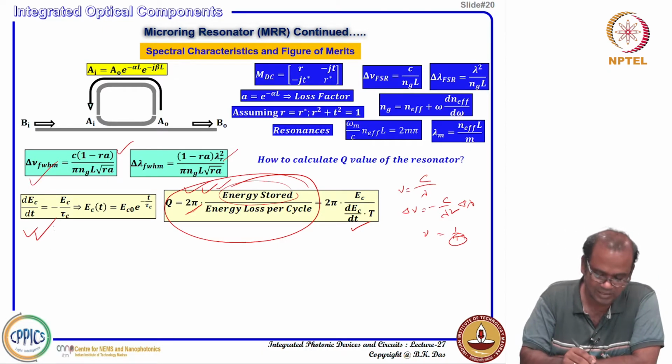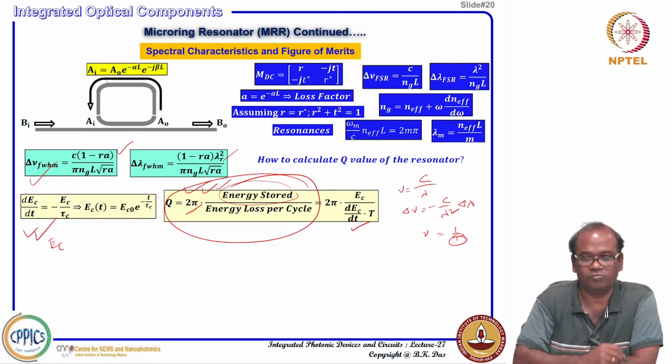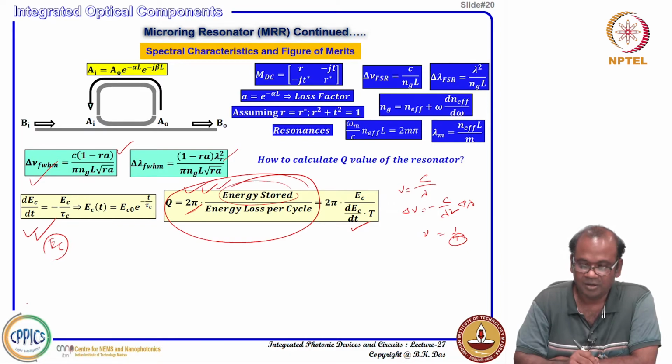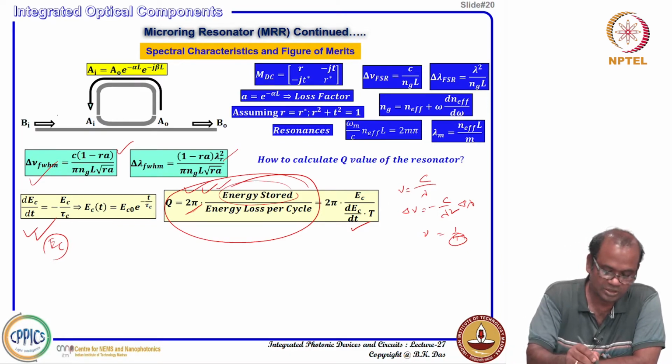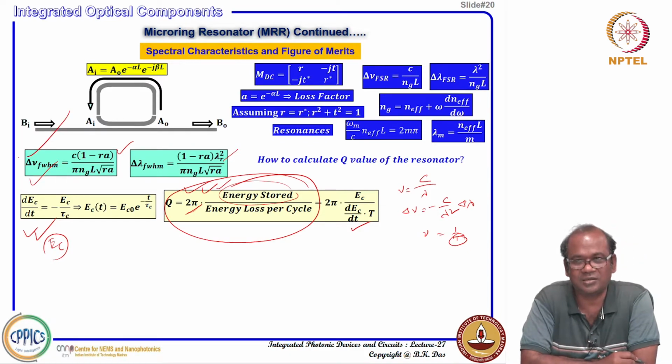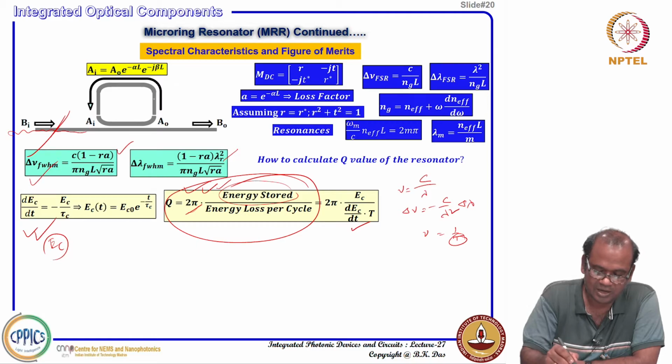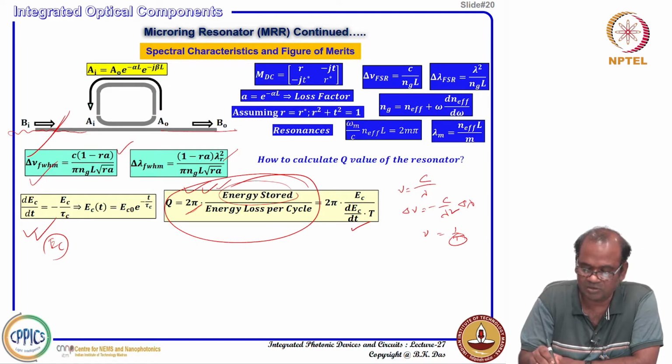Let us consider that inside the cavity, EC amount of energy is stored, the total energy stored inside the cavity is EC. Now, suppose you cut the input, whatever continuous wave laser was there at resonance, and energy was stored and something was coming out.